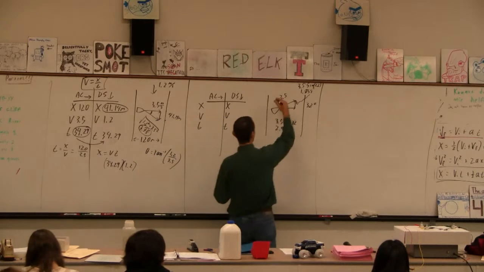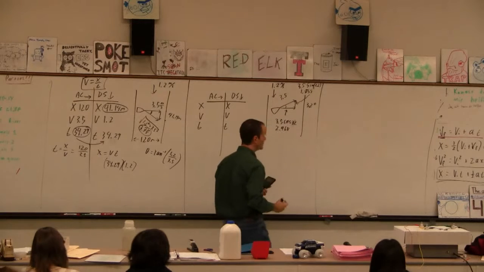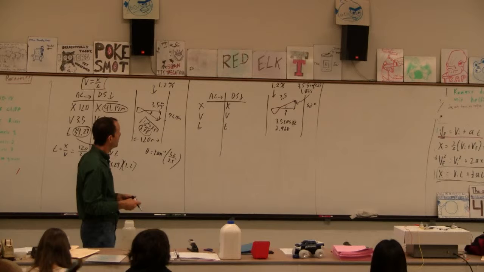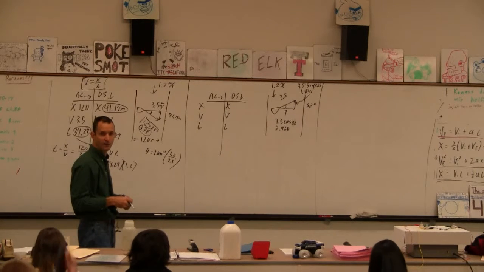And we still have a current of 1.2 meters per second going downstream, right? Do you guys get like 2.968 and then 1.855?